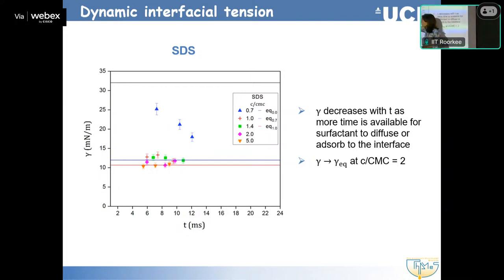We actually get down to equilibrium. So for STS, apart from the very low concentration, we can say that our surfactant concentration at the interface and the interfacial tension has reached its equilibrium. It goes fast, the drop formation time doesn't quite affect it. So we could go and do simulations, for example, with this equilibrium value.